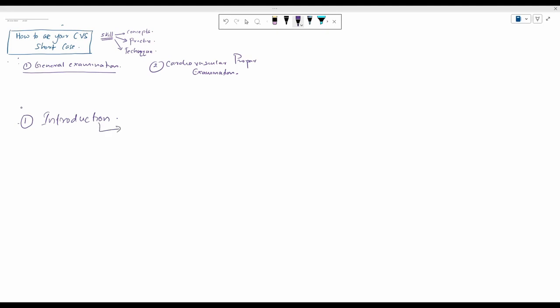So under introduction, you take consent, then explain it to the patient, then exposure and positioning. Exposure and positioning.